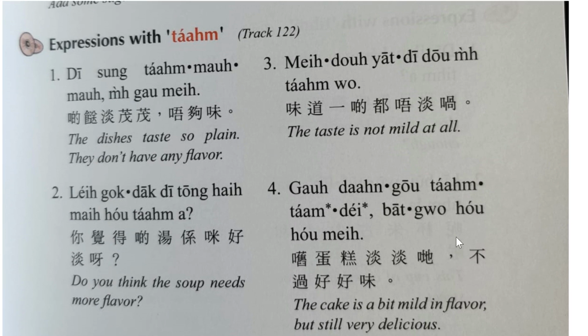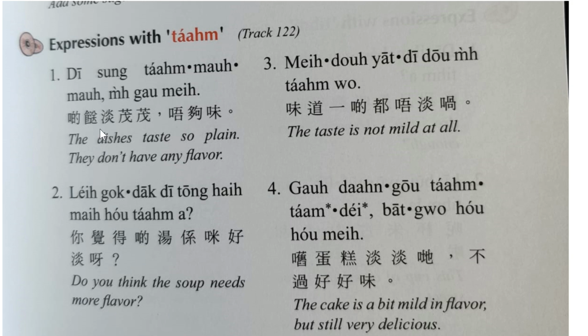I'll go through all of them at once. 你覺得啲湯係咪好淡啊？味道一啲都唔淡喎。舊蛋糕淡淡地，不過好好食。All these 4 sentences are about food.